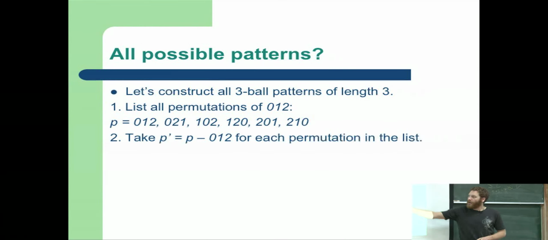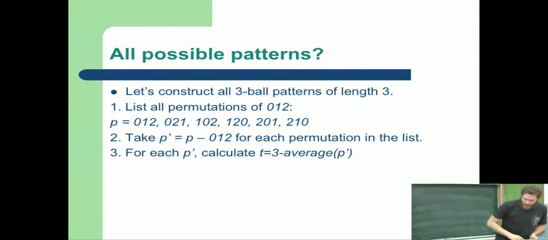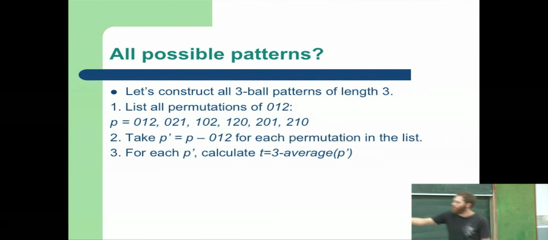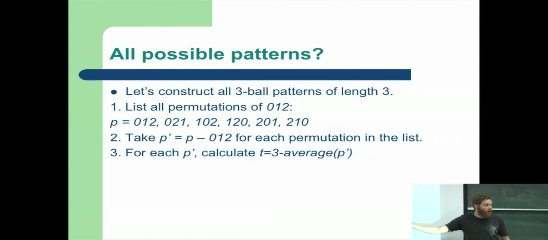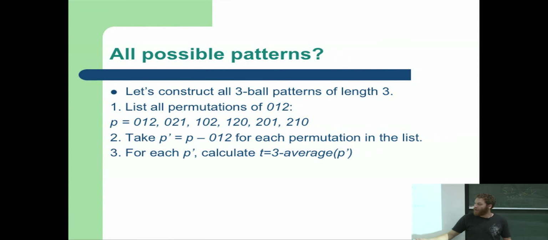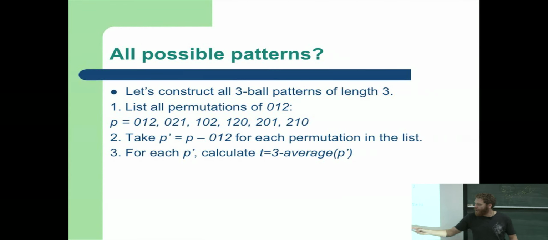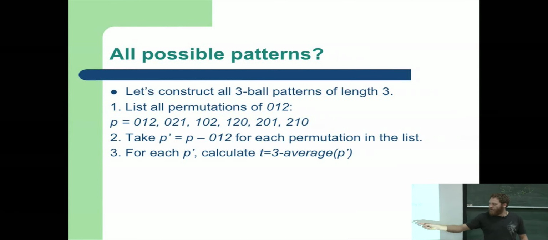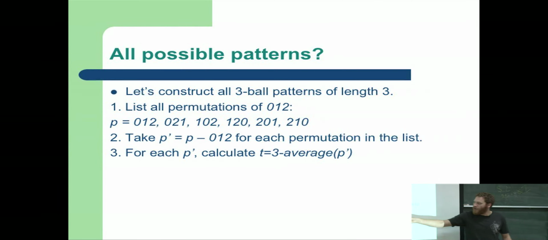Then we'll have a new list of numbers. We'll call those P prime. Next, we take each P prime in our new list and calculate this number, 3 minus the average of P prime. Remember, the average, you just take the sum of the numbers and divide by the length. In this case, the length is 3.